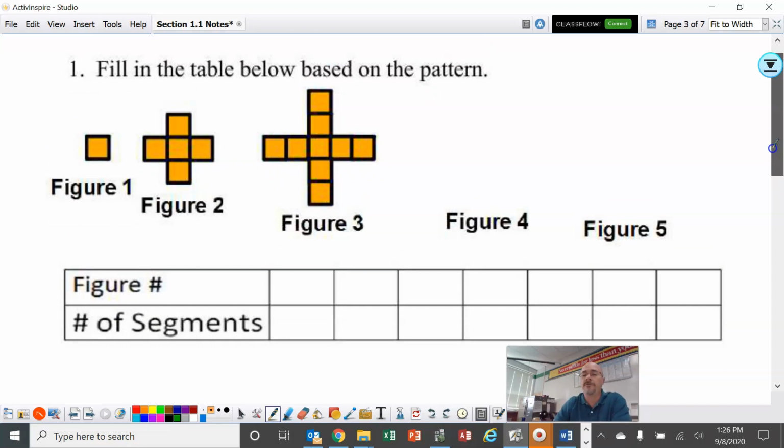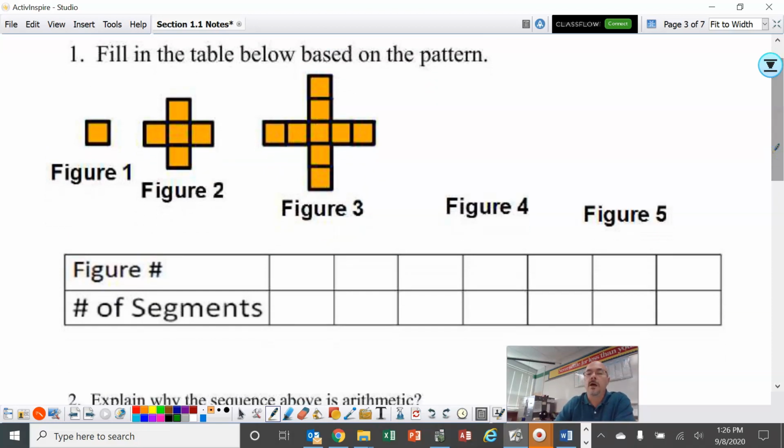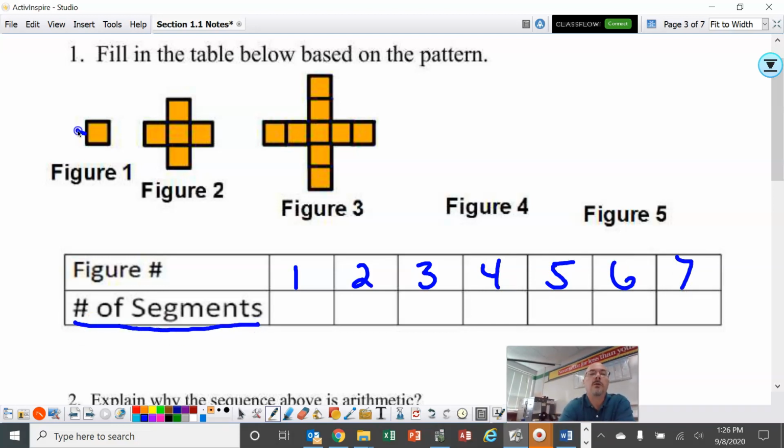So this one's a little bit different. It says the number of segments. Let me switch colors here. I like different colors. So figure 1, figure 2, figure 3, figure 4, figure 5, 6, 7. In this one, number of segments. Well, 1, 2, 3. It took 4 segments for that figure. The next one, well, let's see.